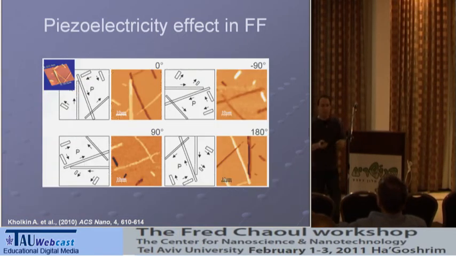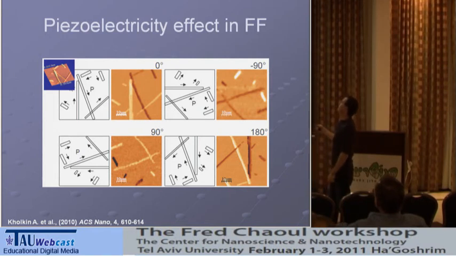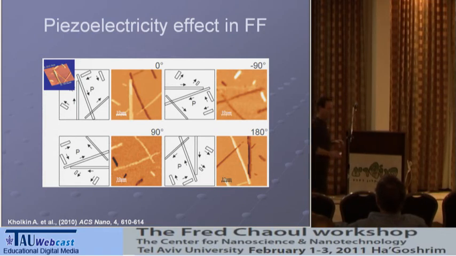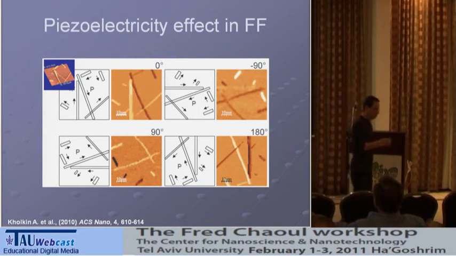We physically rotated the sample, so all the tubes that were that way are now like that, and vice versa. And this is exactly what we get. All the bright tubes become dark, and all the dark become bright when we reverse it. So it ensures us that this is piezoelectricity, and we can flip it, so it's good.